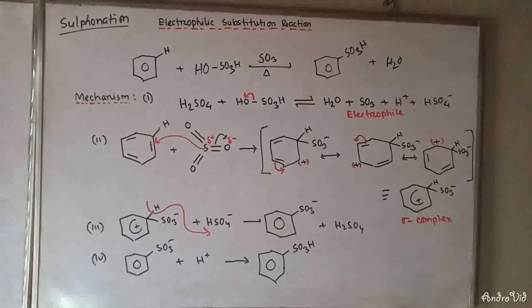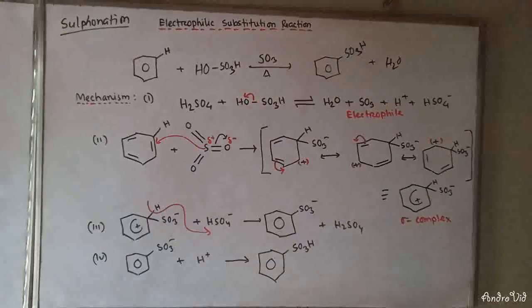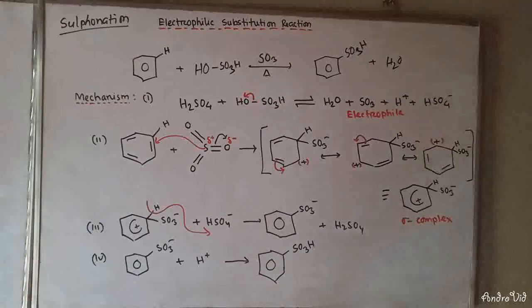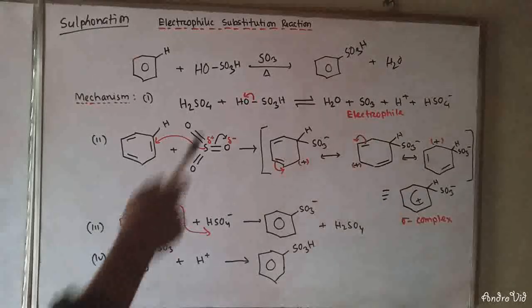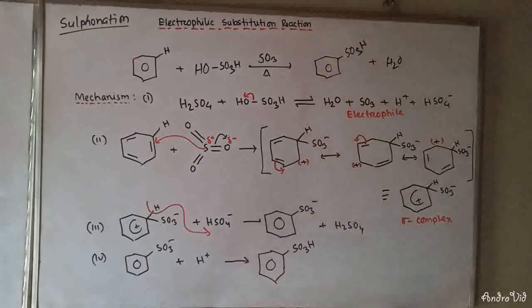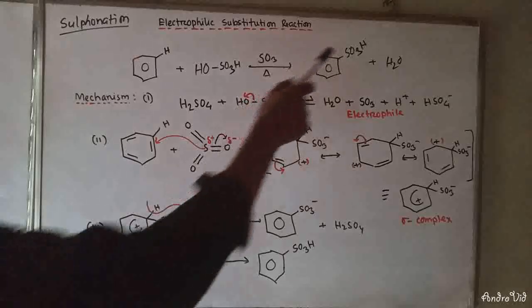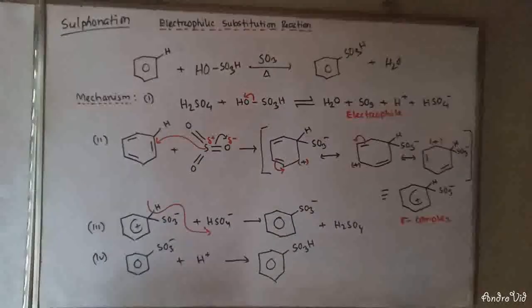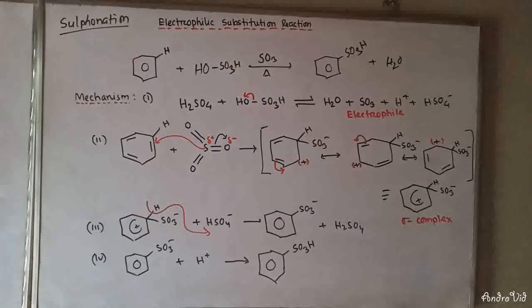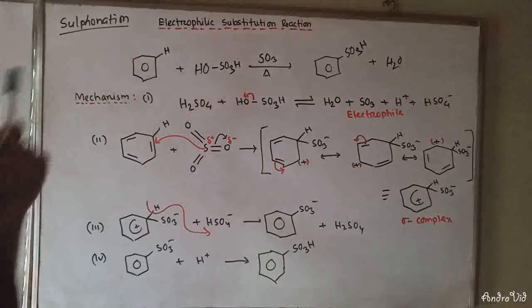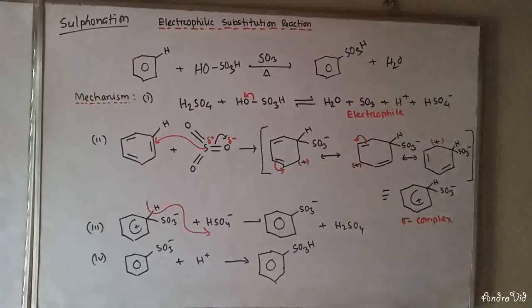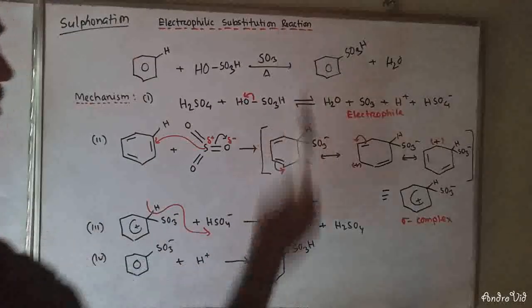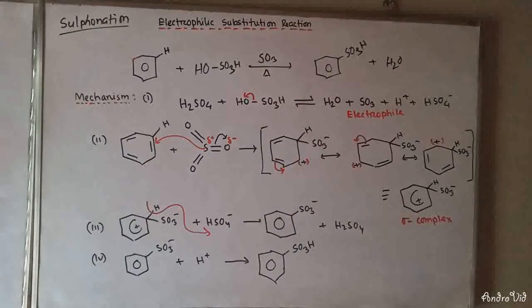Okay, dear student, now I would like to say something about the sulfonation reaction. The sulfonation reaction occurs in the presence of sulfuric acid. When sulfuric acid reacts with benzene, they produce sulfonic acid. So this is basically the sulfonation reaction. Now the reaction mechanism. In the first step of the mechanism, sulfur trioxide must be produced as the electrophile.